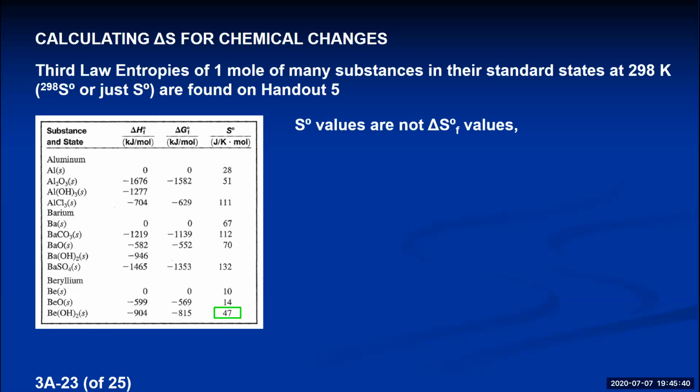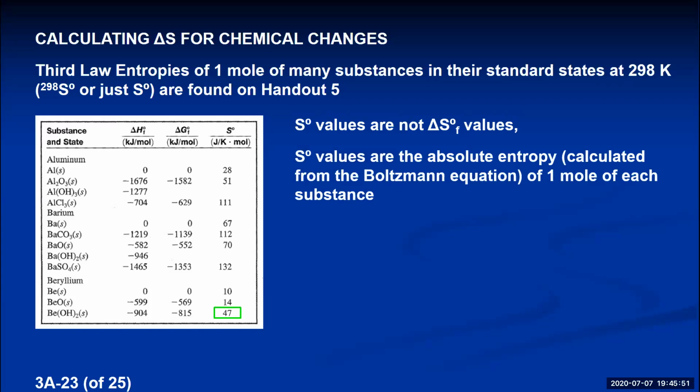So you need to understand when you're dealing with entropies in the thermodynamic table, these S values are not changes in entropies of formation. They're absolute entropies, and these are calculated from the Boltzmann equation for 1 mole of each of the substances in this particular table.